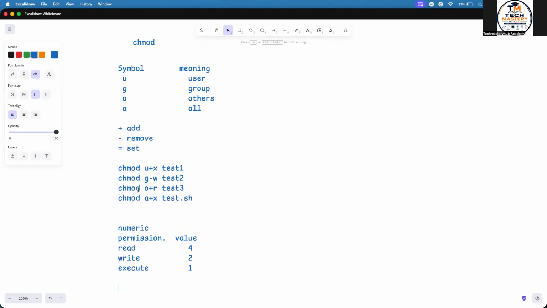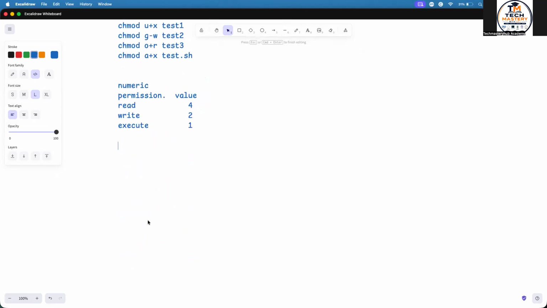Let's see the examples. Again, same command. First we will understand: if it is rwx, that means we are granting read, write, and execute, all authority, then 7. Why 7? 4 plus 2 plus 1 is 7. So we will grant rwx, 7 authority.